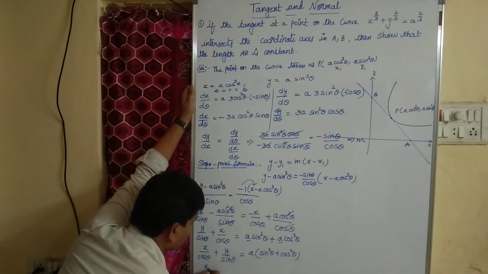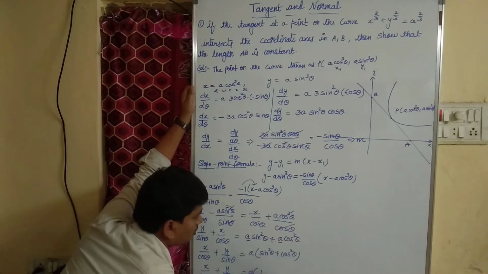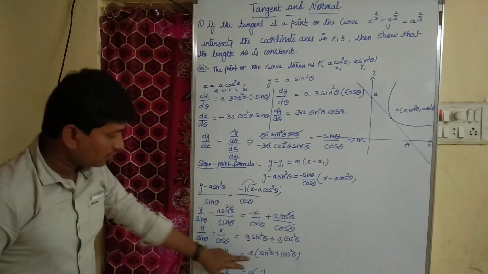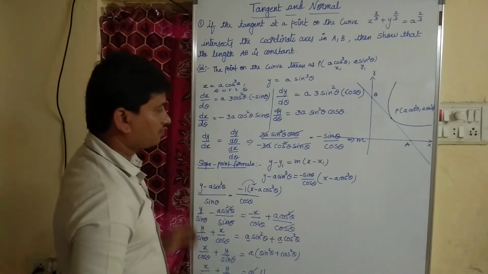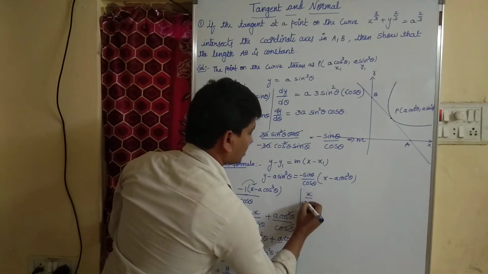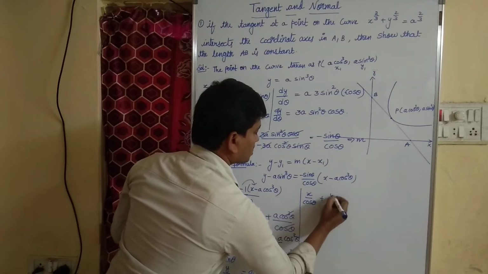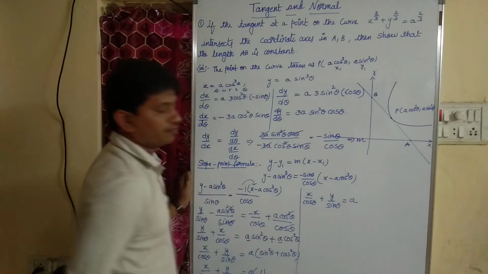So x by cos theta plus y by sin theta equal to a into 1, that is a. So what we got, children? We got x by cos theta plus y by sin theta equal to a into 1, a.